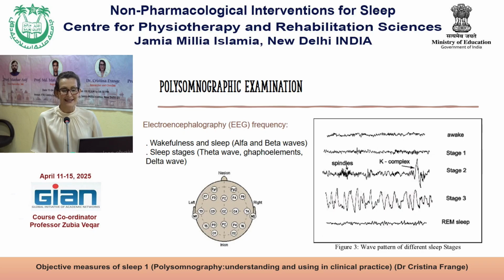See how it looks. The brain waves look very much like when we are awake. So here we have very quick waves with higher frequency and low amplitude. Okay, so this is something that we must know.